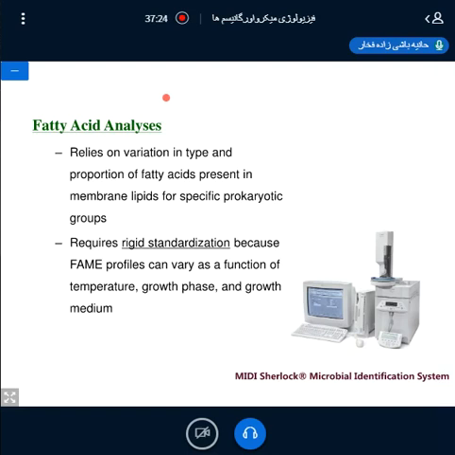It requires rigid standardization because fatty acid profiles can vary as a function of temperature, growth phase, and growth media. Please write this. I continue.